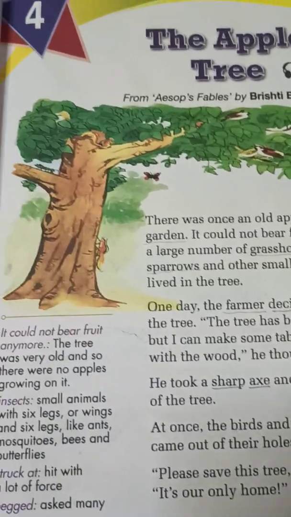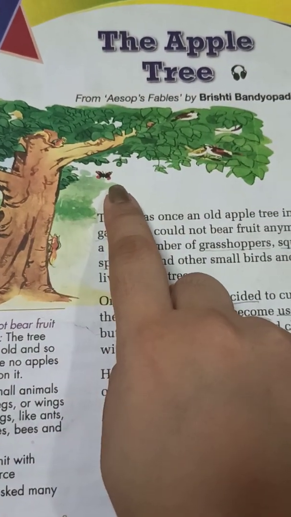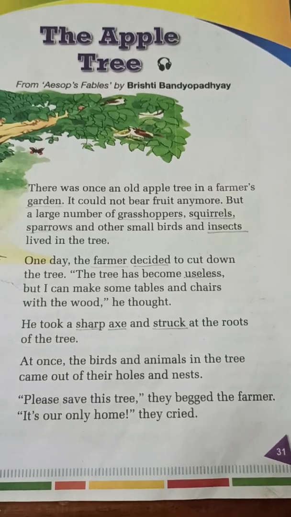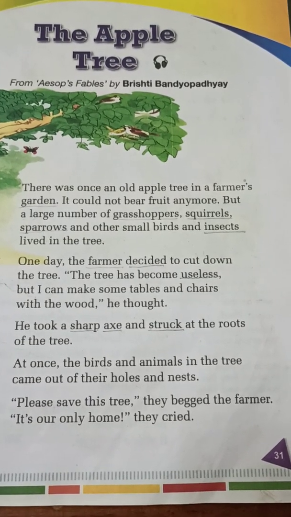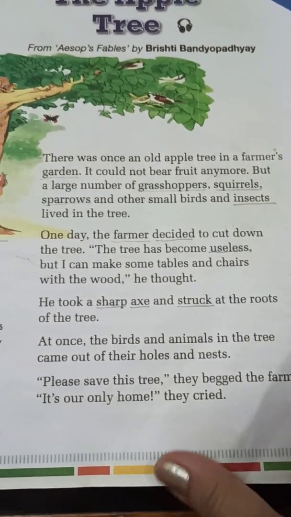Can you see in this picture, there are squirrels, butterflies, birds. Yes, there are many types of animals and insects living in the tree. Okay, let's proceed.